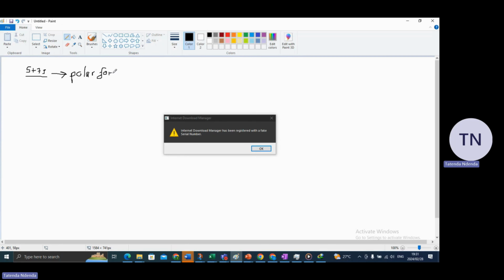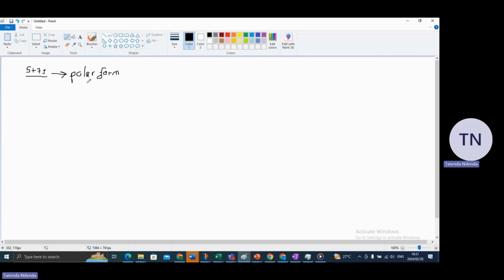Okay, for us now to be able to change this to polar form, there are certain things that you have to do, because you understand that when it's like this, we're having what we call a rectangular form. This is in a rectangular form. Now for us to convert here, of course there are two methods.